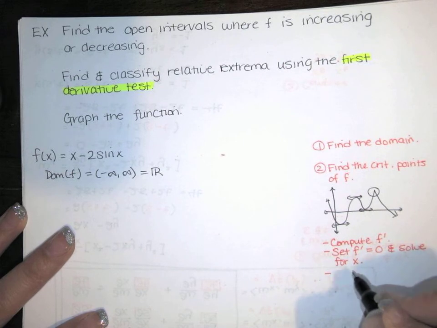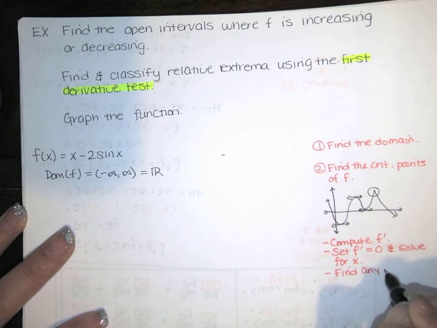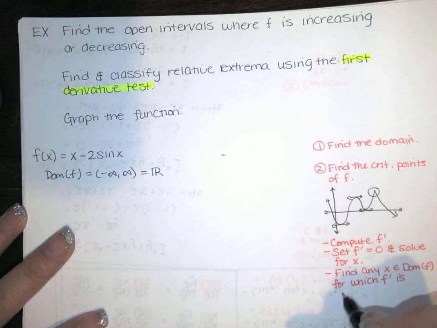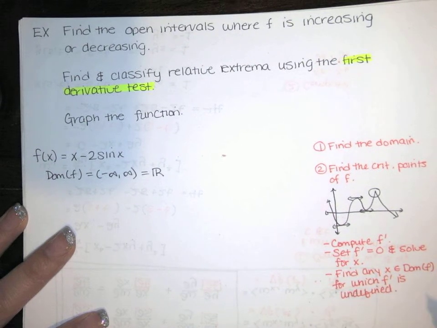So find any x in the domain for which f prime is undefined. Those are critical points too.